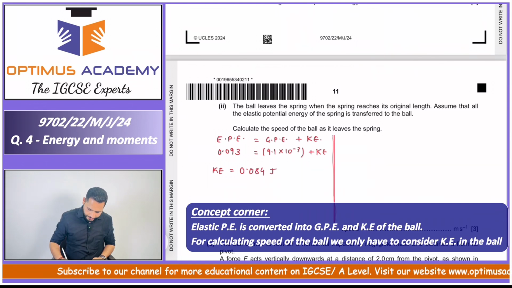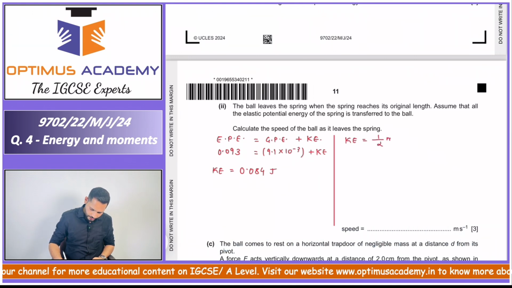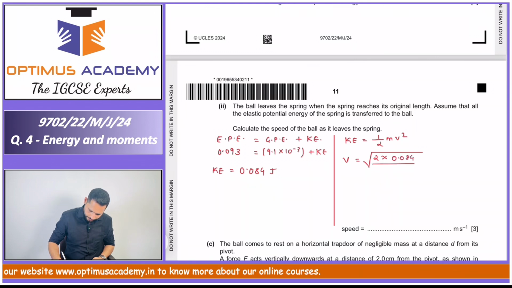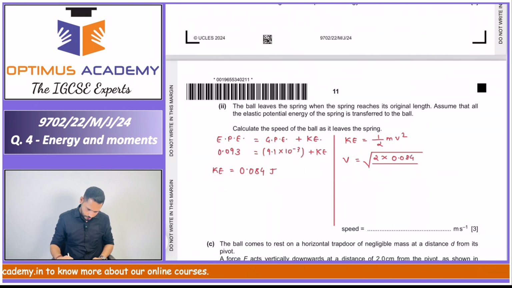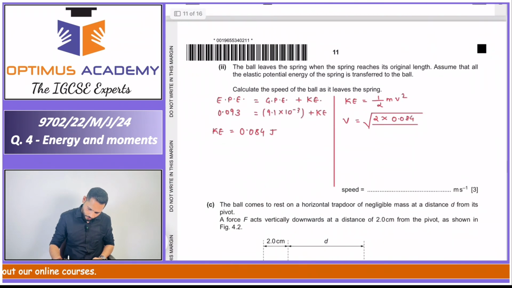So this is the kinetic energy the ball is having, and now we know the formula for kinetic energy, half mv². So v will be under root 2 into kinetic energy, that is 0.084, divided by the mass of the object, that is 4.5 × 10^-2.